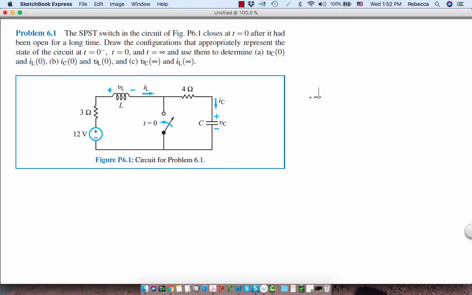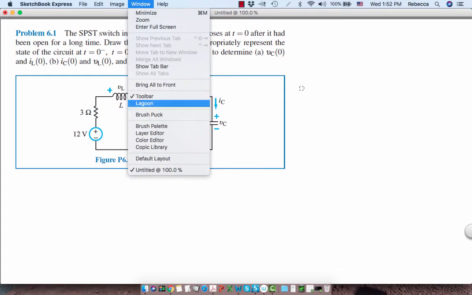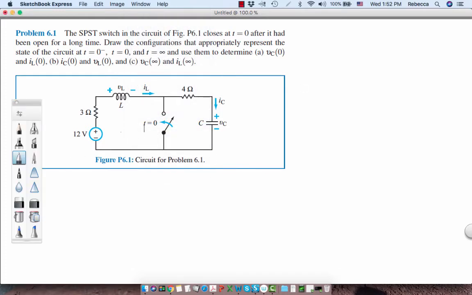So that means the inductor acts as a short circuit and the capacitor acts as an open circuit. So we would still have our voltage source, and we have the 3 ohm resistor.